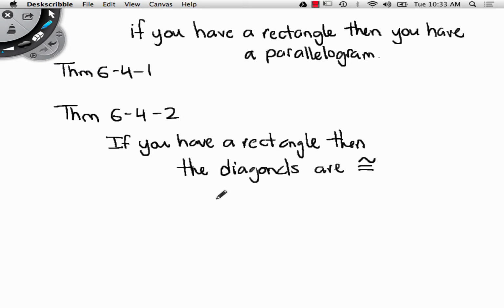The diagonals have the same measure, the same length. Okay? And that's pretty straightforward, isn't it? That makes pretty much good common sense for rectangles. Okay? Any questions up to this point?